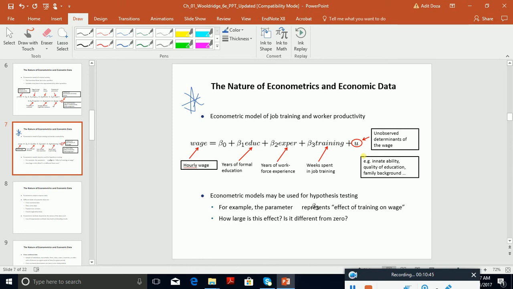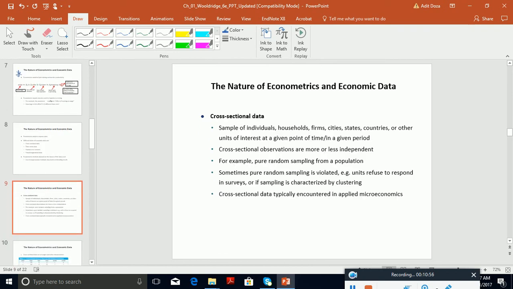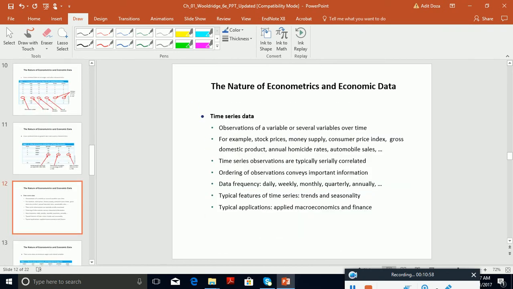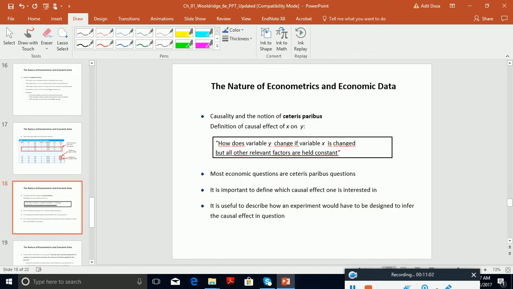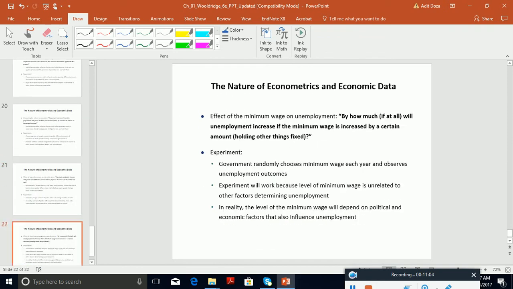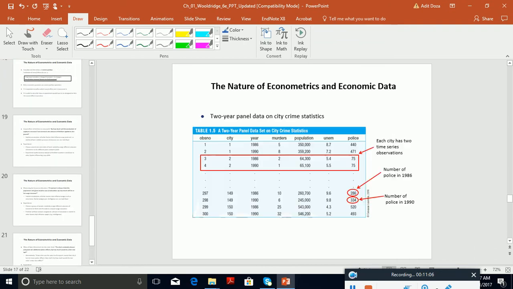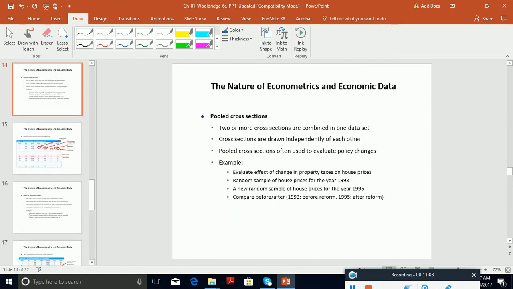The unobserved part, and usually the u is the error term. Sum of squared residuals, sometimes we call this SSR. So slide 7 talks about details.